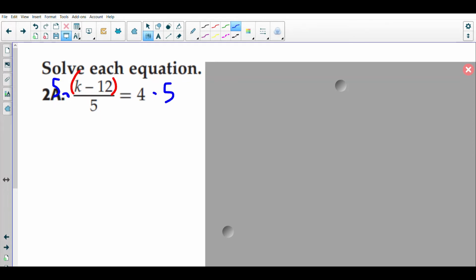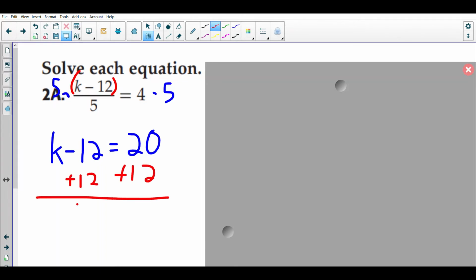The 5s cancel out, and we're left with k minus 12 is equal to 20. To get rid of that subtract 12, we add 12 to both sides. All we're left with is k is equal to 32. Remember, we have implied parentheses when we have that big division bar.